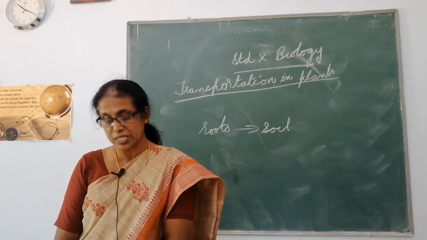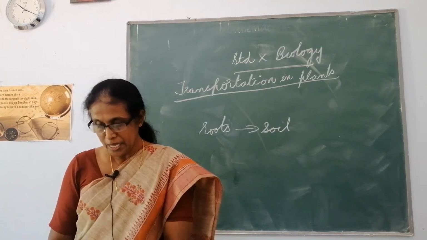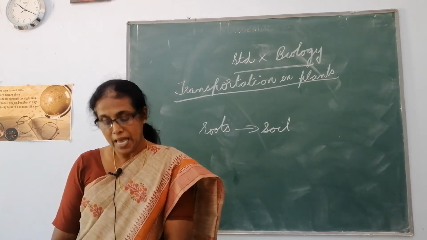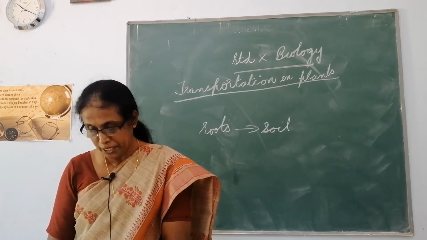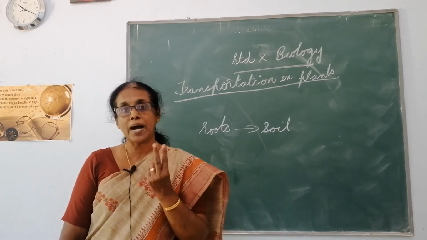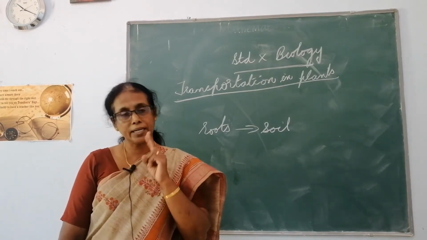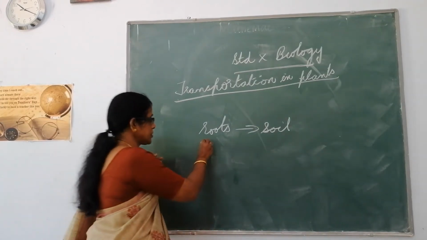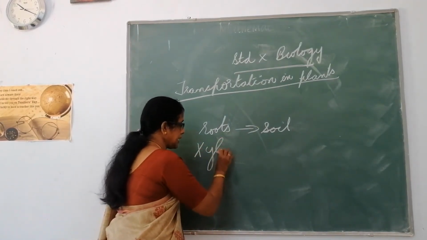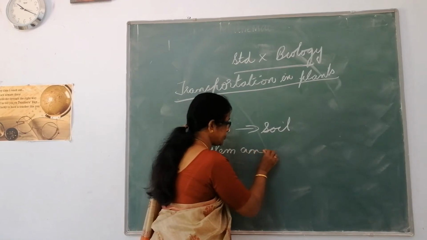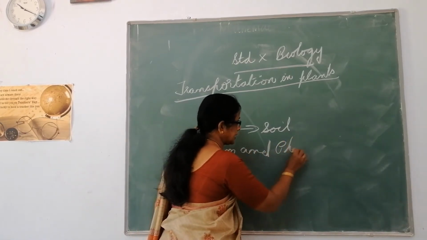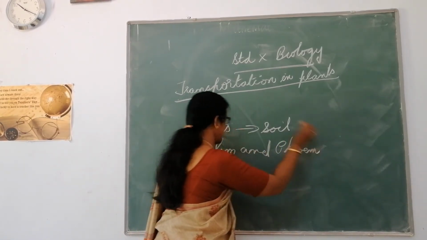The plant transport system will move energy sources from the leaves and raw materials from the roots. There are two pathways, there are two tissues. These tissues are known as the xylem and the phloem. These are the conducting tissues in the plants.